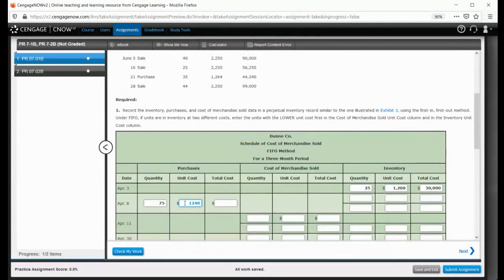So $1,240 is the amount that they have purchased this merchandise for. Remember, the merchandise that we're recording is identical in its appearance and the way that it looks.